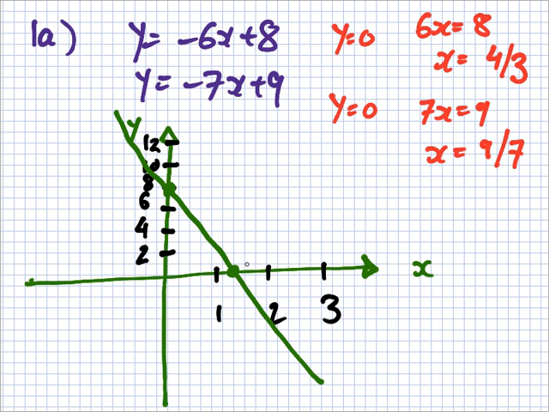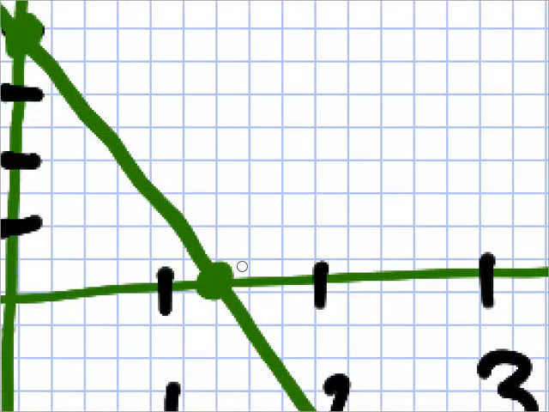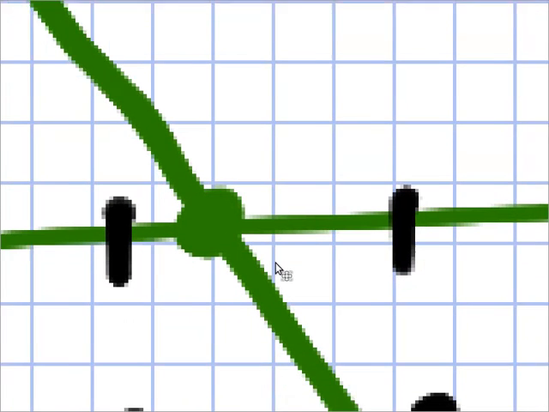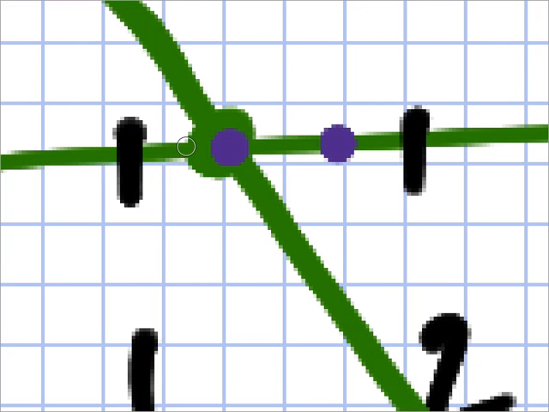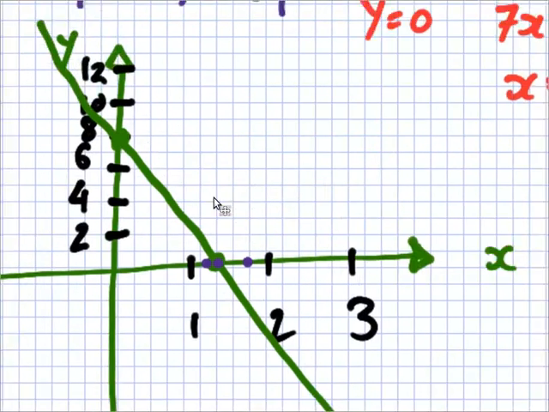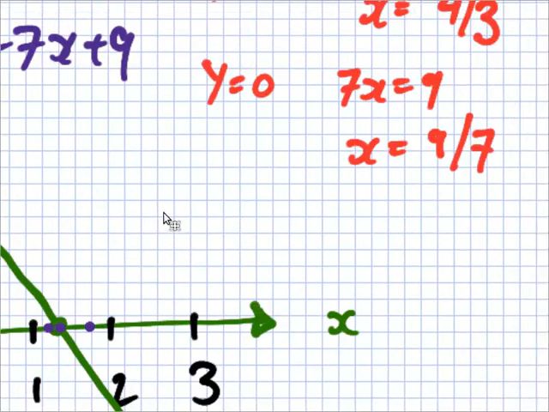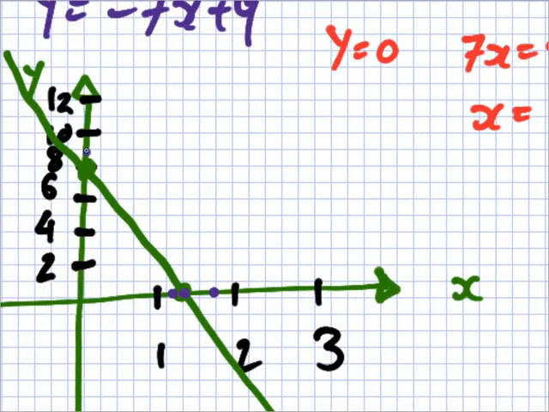A little bit before. That's a third, so 2 ninths would be here. And what's my 9? That's here. So the cross is somewhere in between.